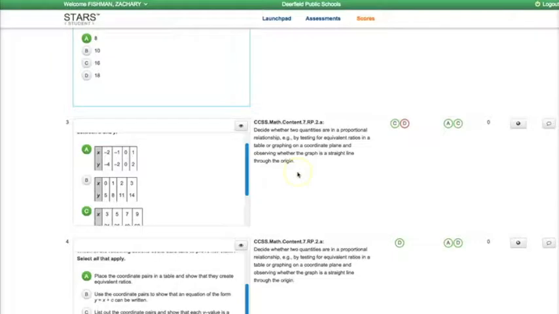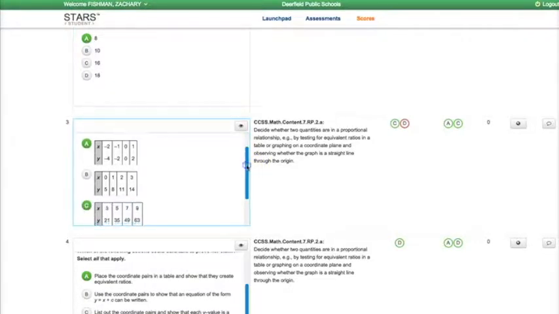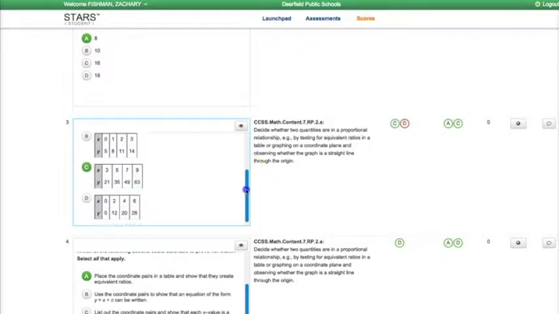Number 3 now was actually the first question. You may remember that one when I took it, because it had, check all that apply, I think. Yes. And when I took this, I had picked A and B. Let me show you my actual answers by the tables here.